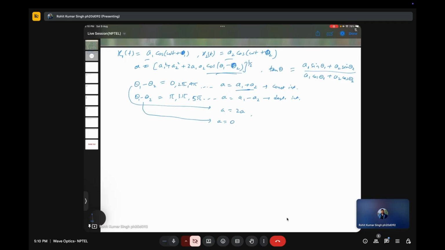So there will be a pattern where at some points you have brighter light and at some places darker light. This is the concept of interference basically. The two waves are interfering such that they are producing bright and dark light.